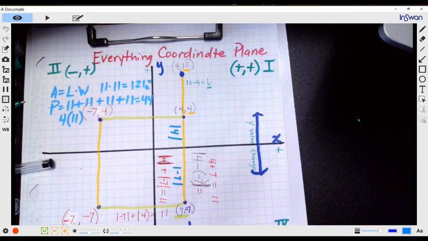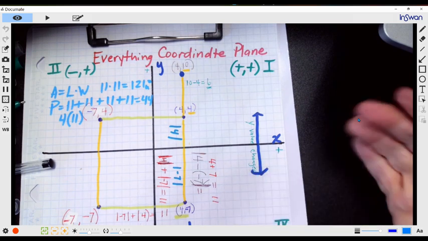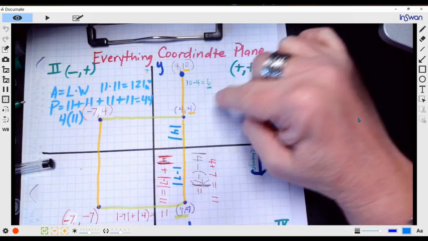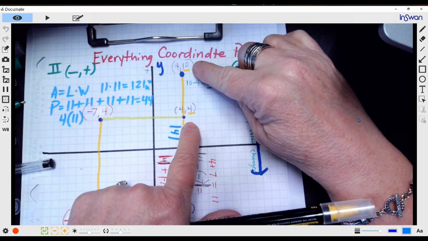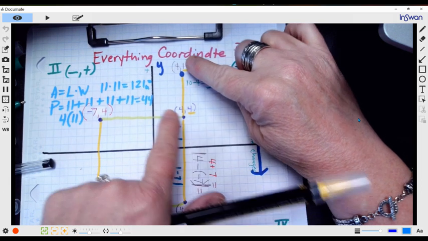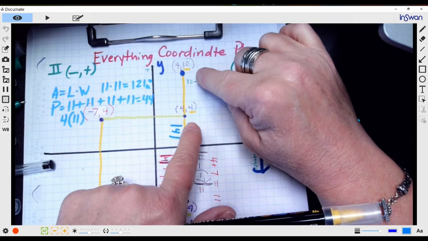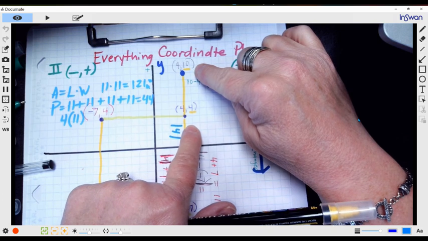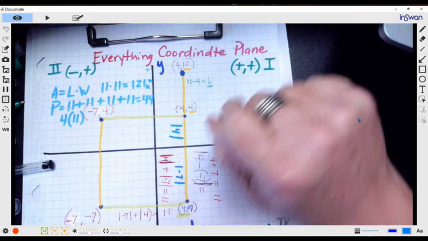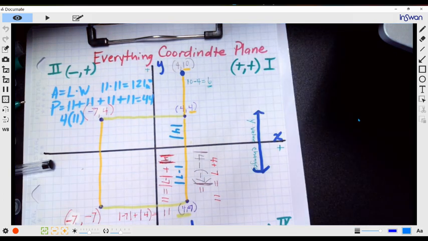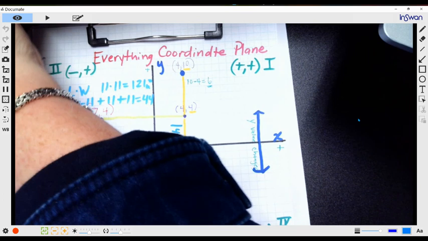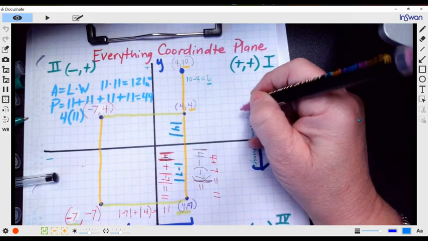And you could do that either way, but in order to find the distance between points, remember, you're looking at the values that are different, not the ones that are the same. The x is 4 in both of those, so I'm looking at the y because it's higher. If I had a point that was, say, more to the right or even to the left, let me just put one over here.